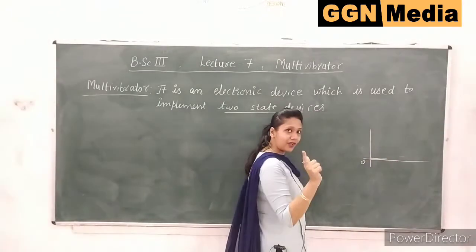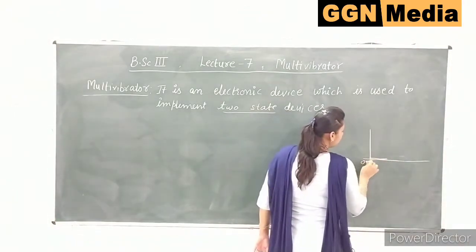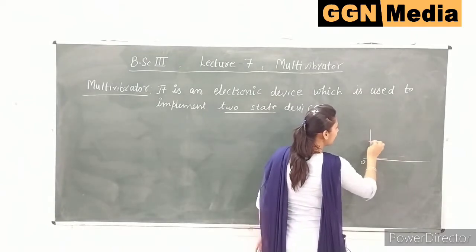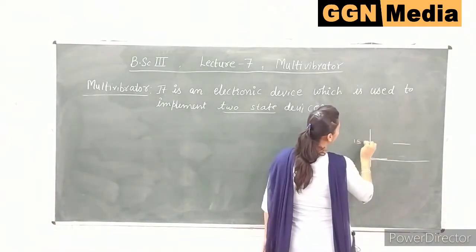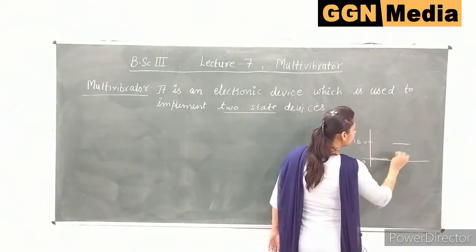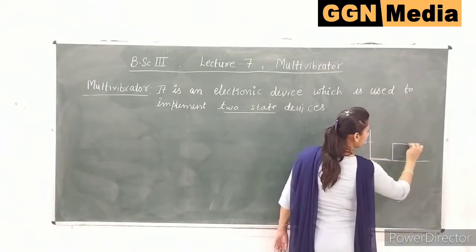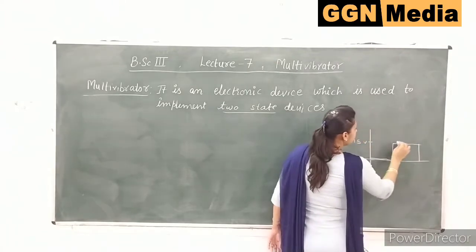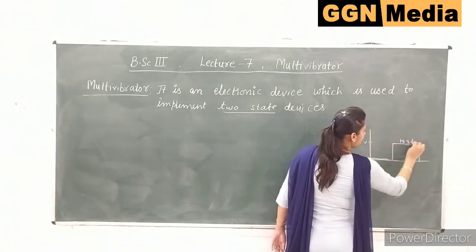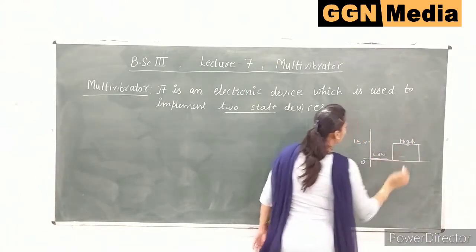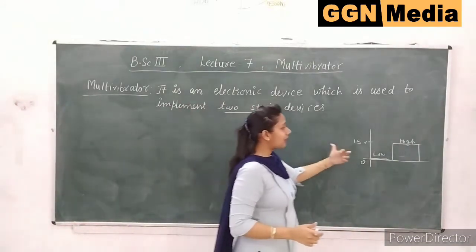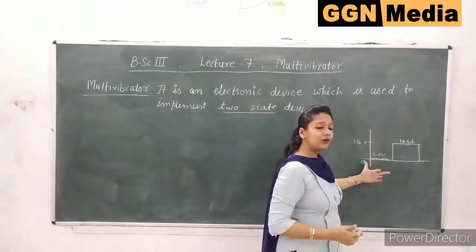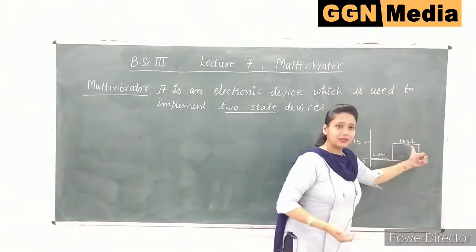This is one state, 0 volt, and the maximum value of that signal is, let us suppose, 15 volt. So this is the other state of that device. This is low, this is high. So here the word two-state means we have a digital signal, one value of which is low and another is high.